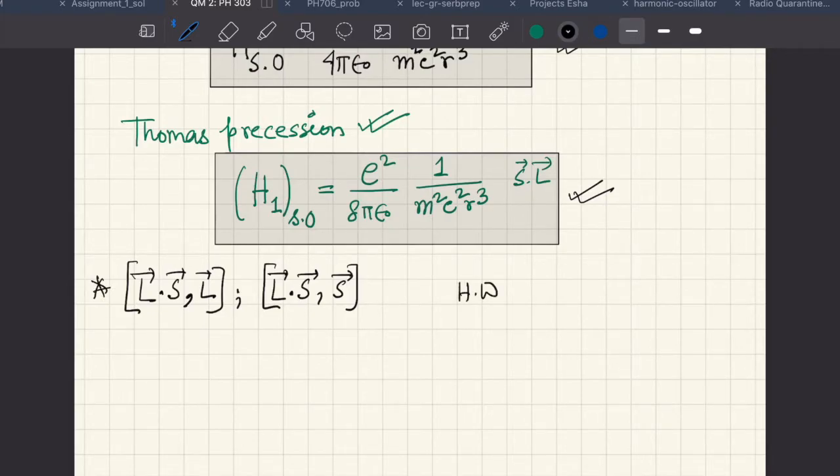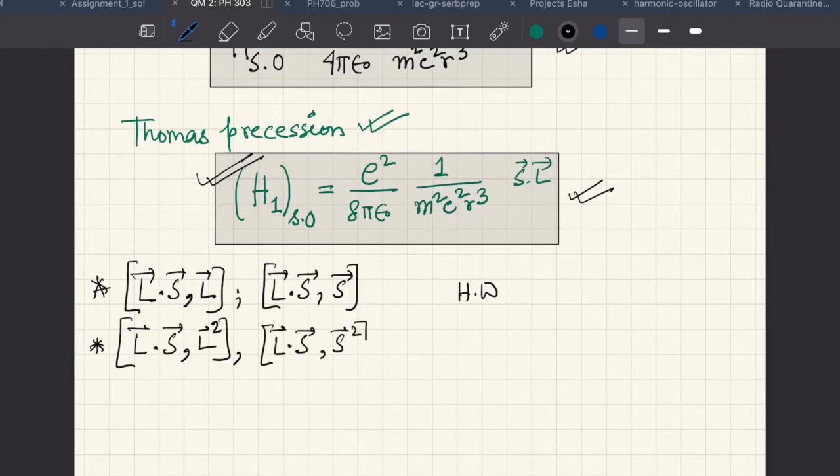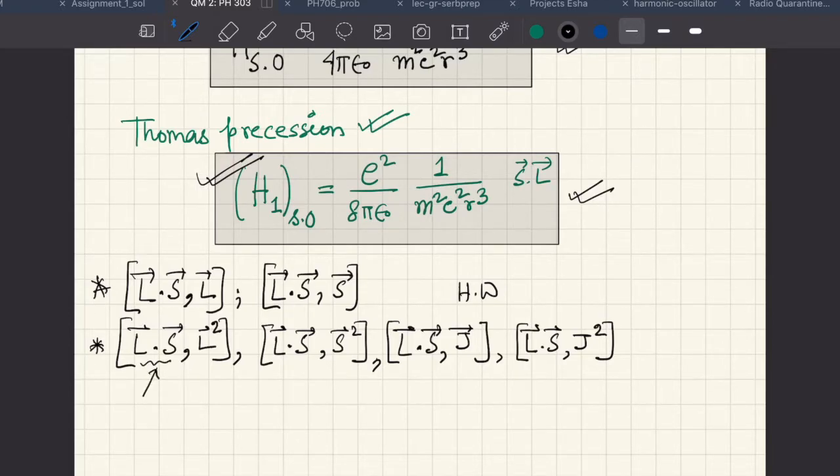But this H1SO commutes with L square and S square, because if you calculate L dot S with L square, L dot S with S square, in fact L dot S with J square, you will immediately see, because L dot S is nothing but your H1SO, that this spin orbit Hamiltonian commutes with all of them.